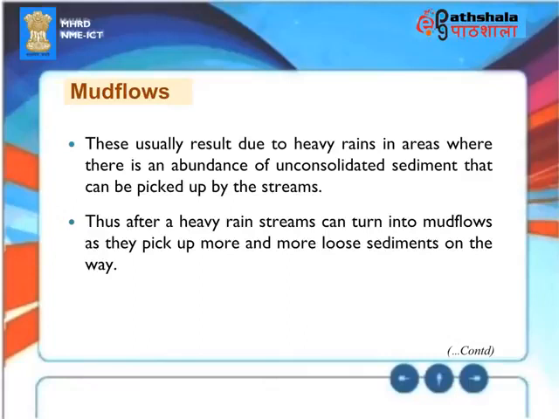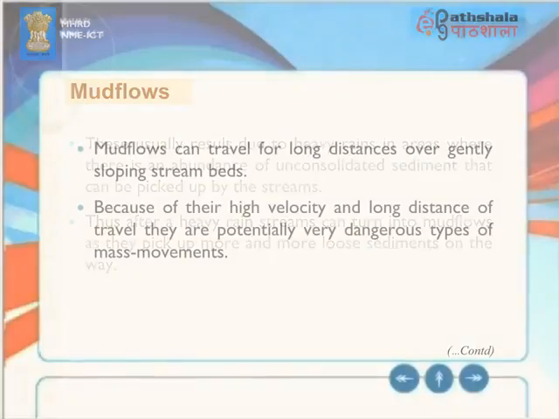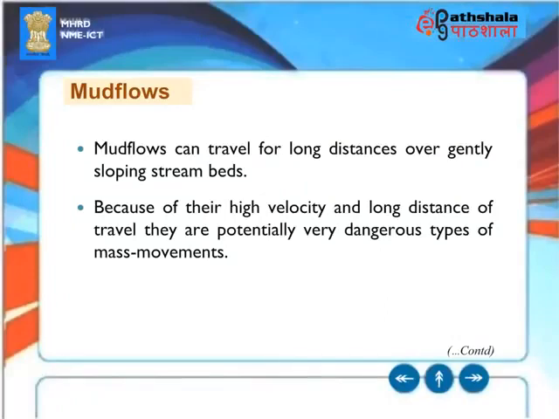Thus, after a heavy rain, streams can turn into mudflows as they pick up more and more loose sediments on the way. Mudflows can travel for long distances over gently sloping stream beds. Because of their high velocity and long distance of travel, they are potentially very dangerous types of mass movements.